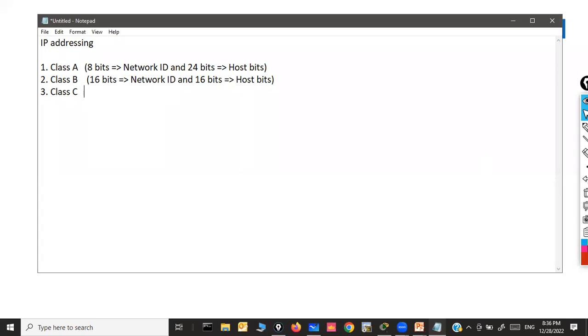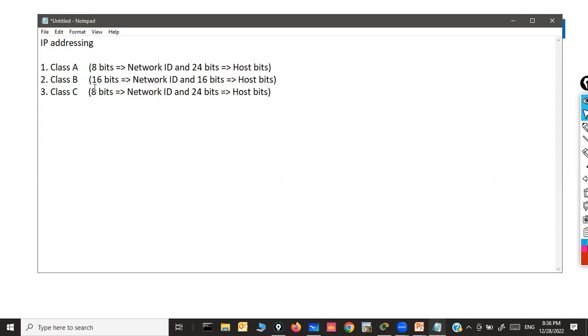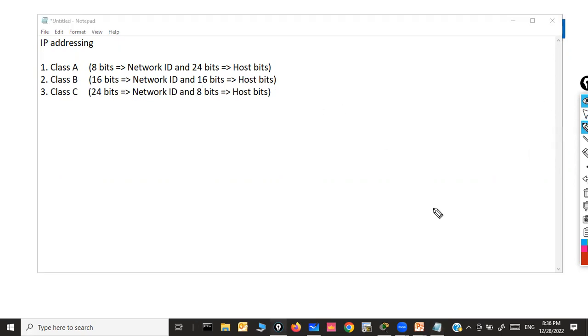Okay, cool. And then we talked about class C. So here 24 bits are network and 8 bits are host portion. Basically IPs are in binary numbers, zeros and ones. But whenever we assign an IP address to any end device or host device, we represent or assign the value in decimal.